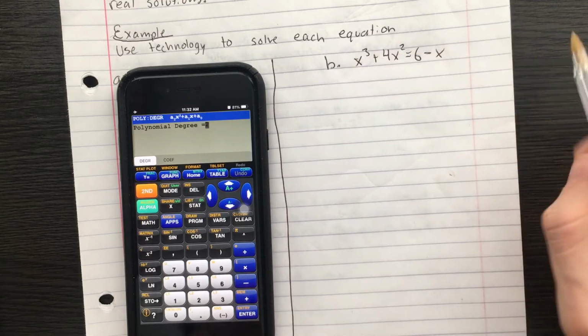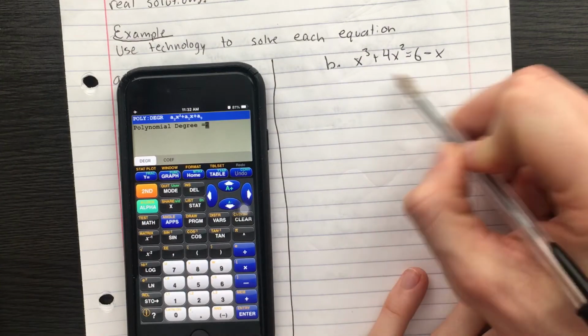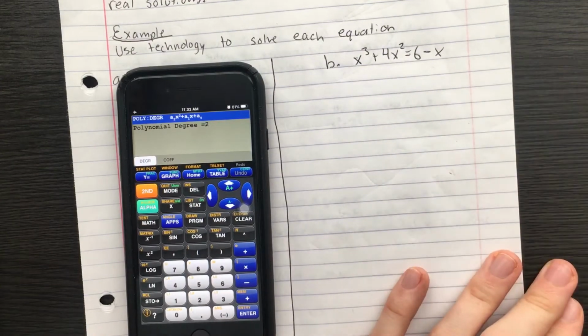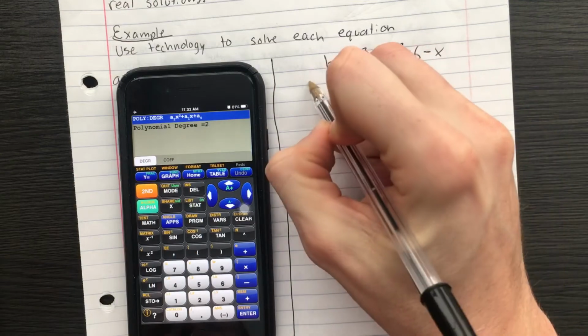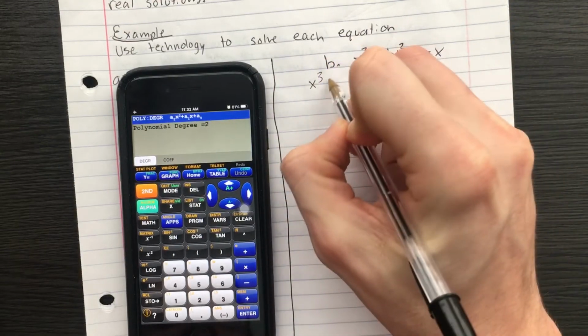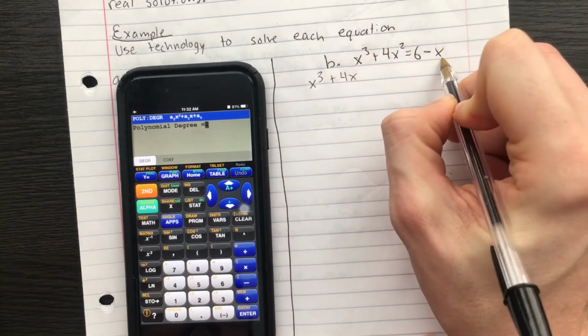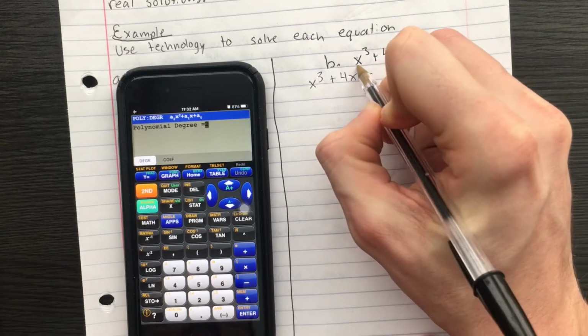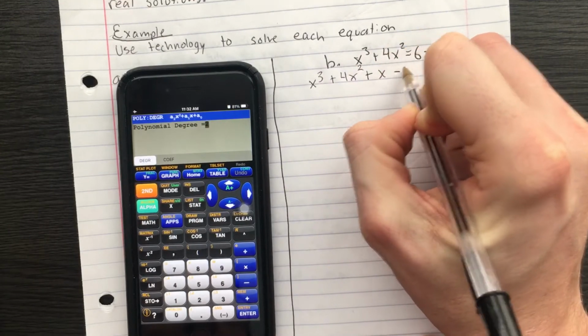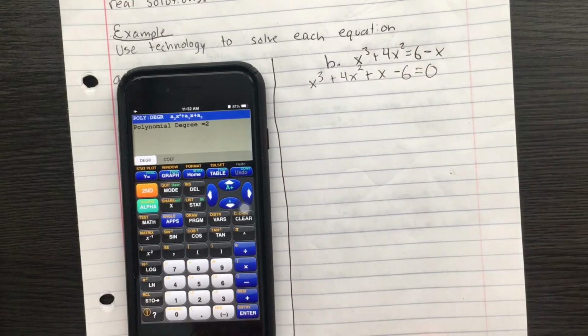Before we can do that, we've got to have this equation set equal to 0. So we've got x cubed, plus 4x squared. I'm going to move the x over. That's x cubed plus 4x squared plus x minus 6 equals 0.